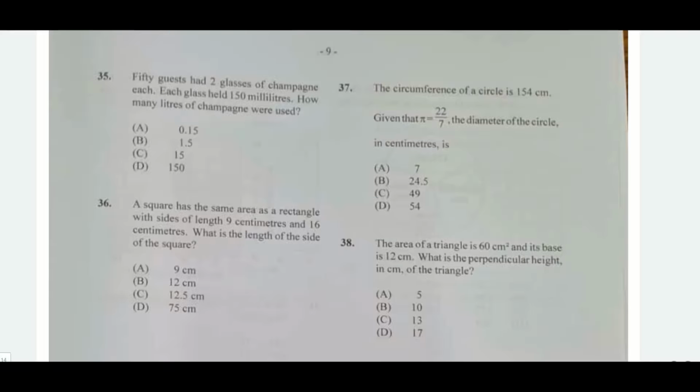Number 35. 50 guests had 2 glasses of champagne each. Each glass held 150 milliliters. How many liters of champagne are used? So this question is a conversion question. I'm going to convert from milliliters to liters. Now it says 50 guests had 2 glasses of champagne. So that's 50 times 2.